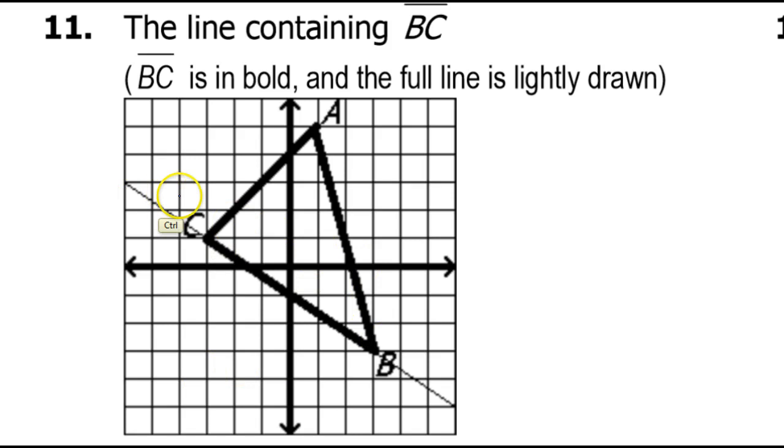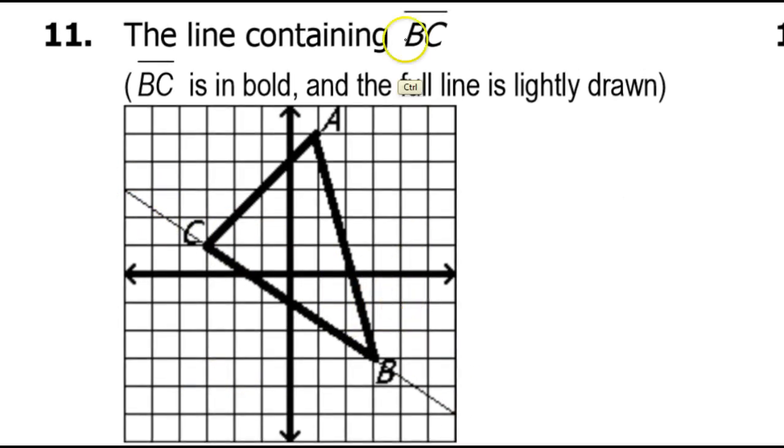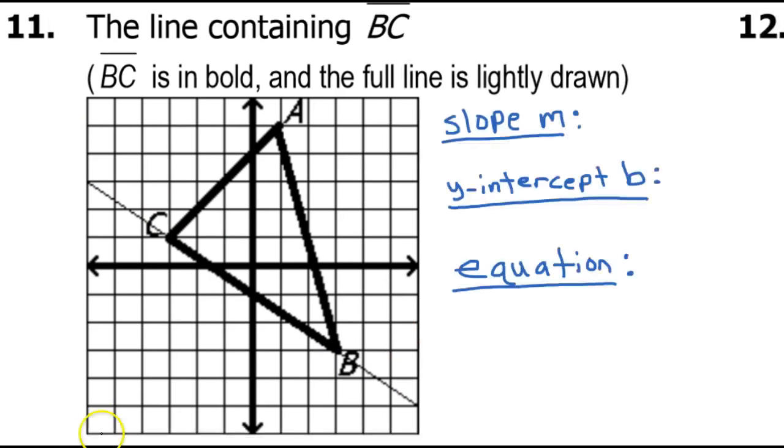Okay, they want us to find the equation of the line containing segment BC. And they've been kind enough to draw it for us. So here's the line containing segment BC. As always, it goes down like this.